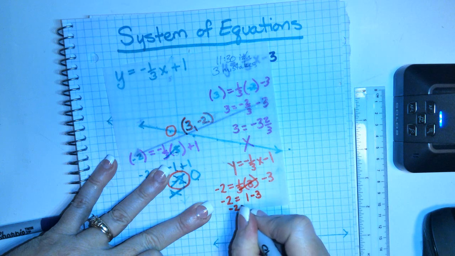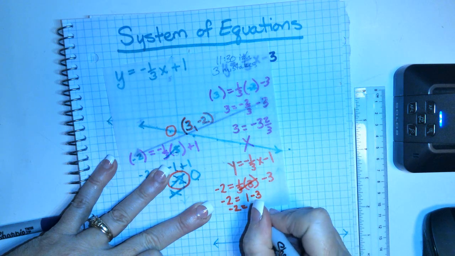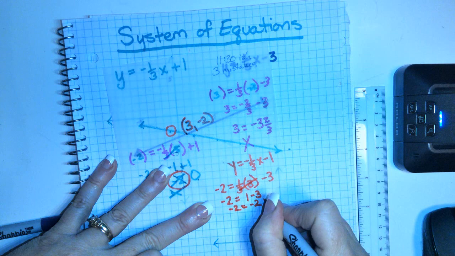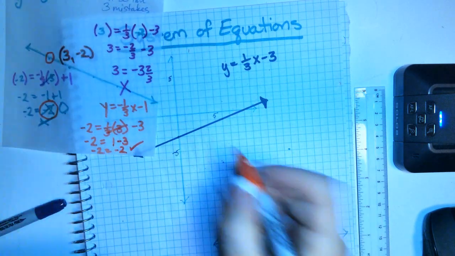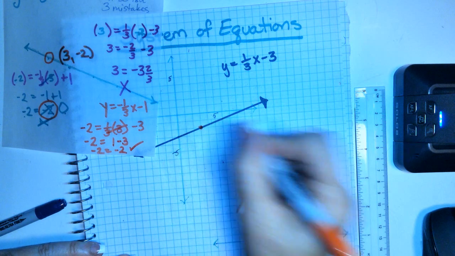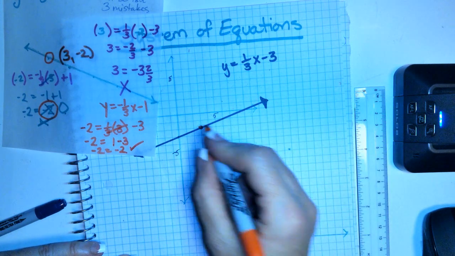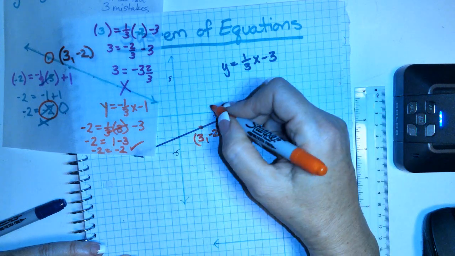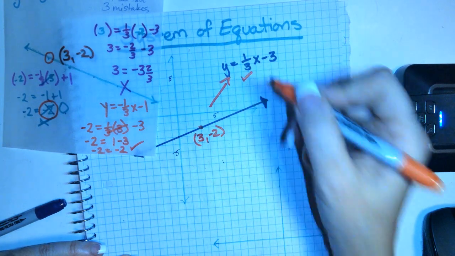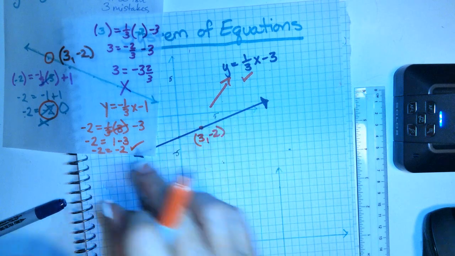So then negative 2 equals 1 minus 3 is negative 2. And that would work because this point here, 3, negative 2, is on this line. Here's 3, negative 2. So it should be a solution for this line.